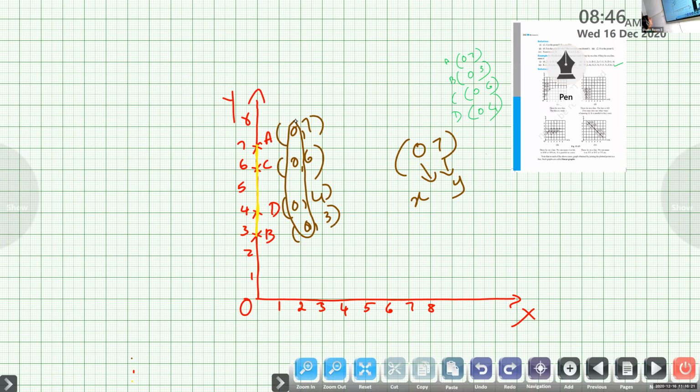So you write: all the given points lie on the y-axis, their x coordinates are 0.